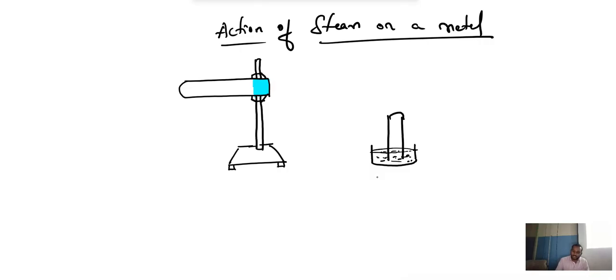Now we are taking a delivery tube. We have taken a delivery tube. Again, to hold this test tube we need a clamp or a stand. Again, this is the stand.